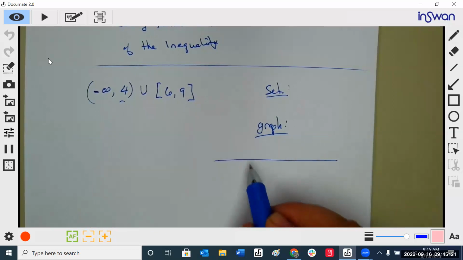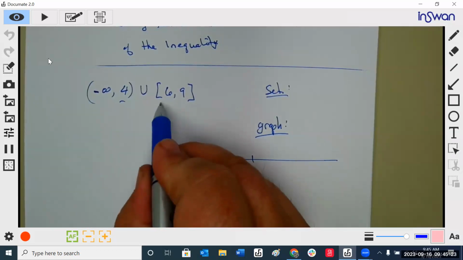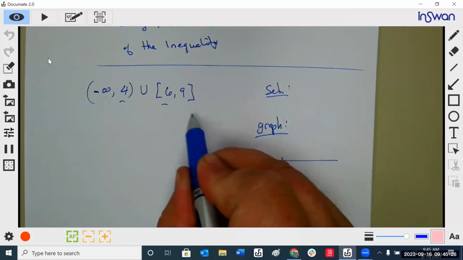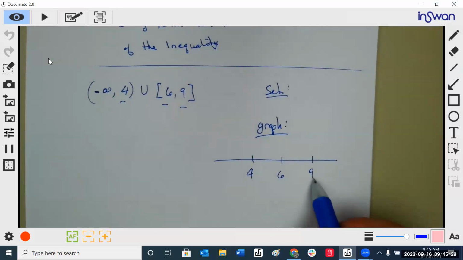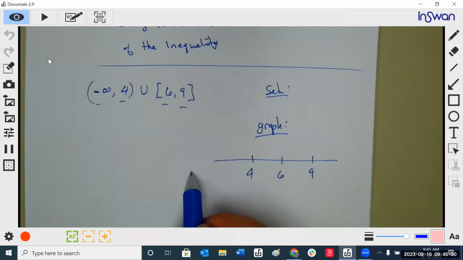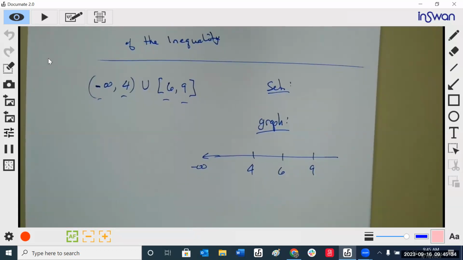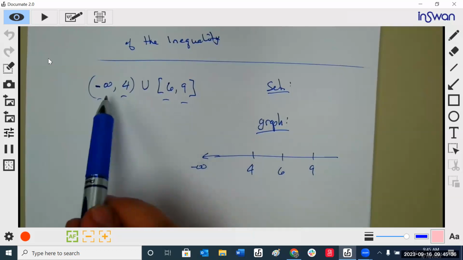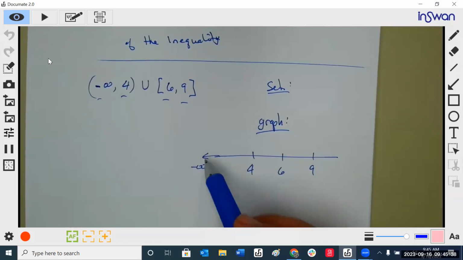So our numbers are 4, 6, and 9, and then negative infinity. So it goes from negative infinity to 4.